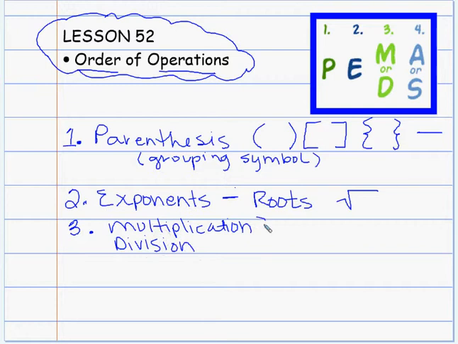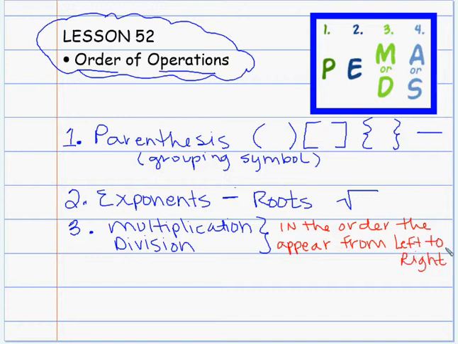and these are done, this is very important, so highlight this or remember that this is very important, in the order they appear or come in from left to right.